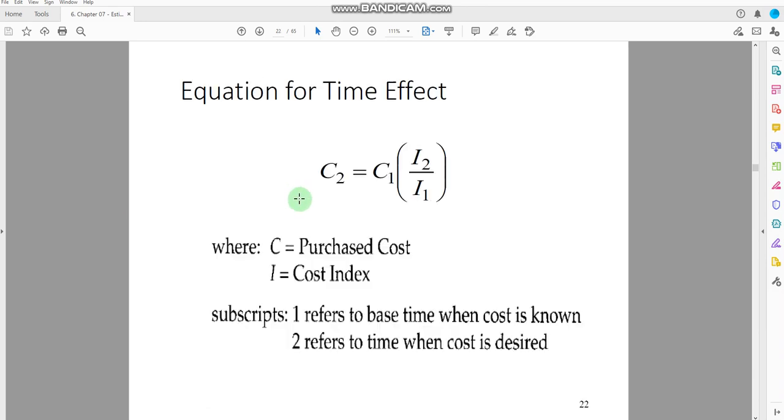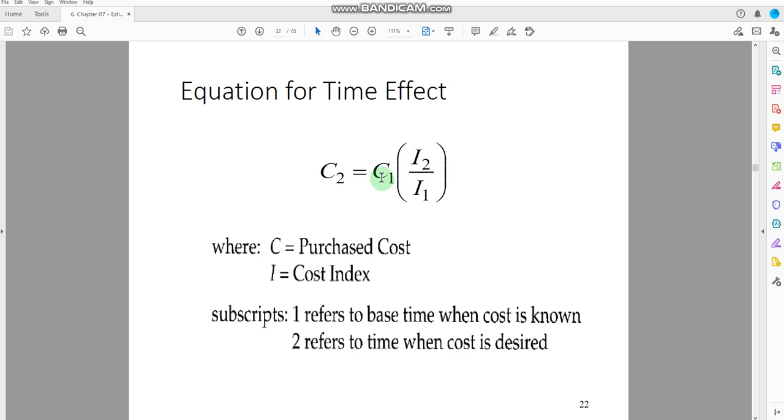Okay, so what we can see here, there could be a new equation that relates the time effect with the cost. For example, C2 is the new cost of the equipment, C1 is the old cost, I2 is the cost index of the new year, and I1 is the cost index of the previous year. Okay, so we can use this equation to see that if we have bought some equipment in year 2010, then what would be the value for the same equipment in the year 2015?